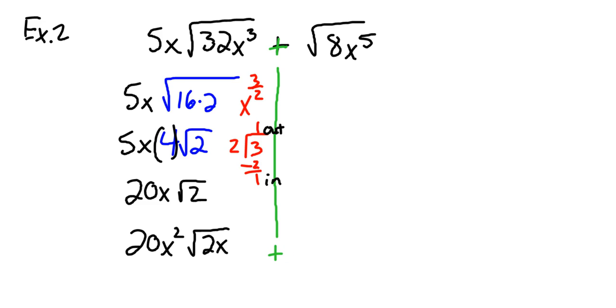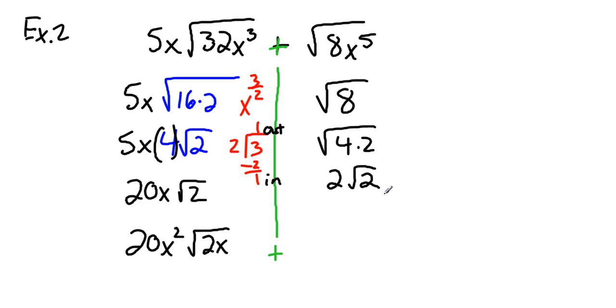Okay, now, the second one's actually going to be a little bit easier because it doesn't have all the stuff that's in front. If you do square root of 8, well, that's 4 times 2. Square root of 4 is 2. So that's 2 square root of 2. We do the square root of x to the 5th.